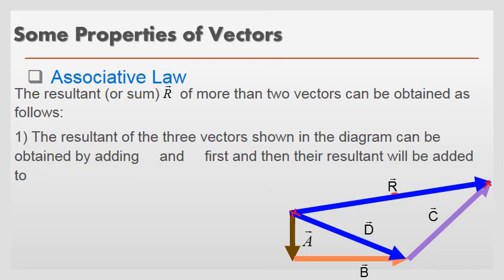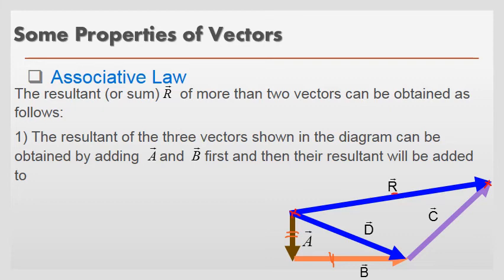So the resultant of the three vectors can be added by starting to add the two vectors A and B using the triangle method.